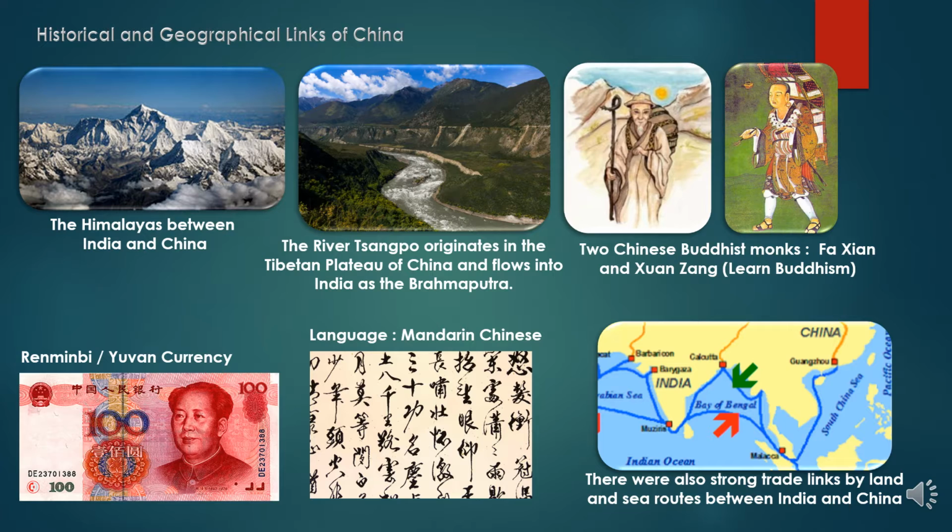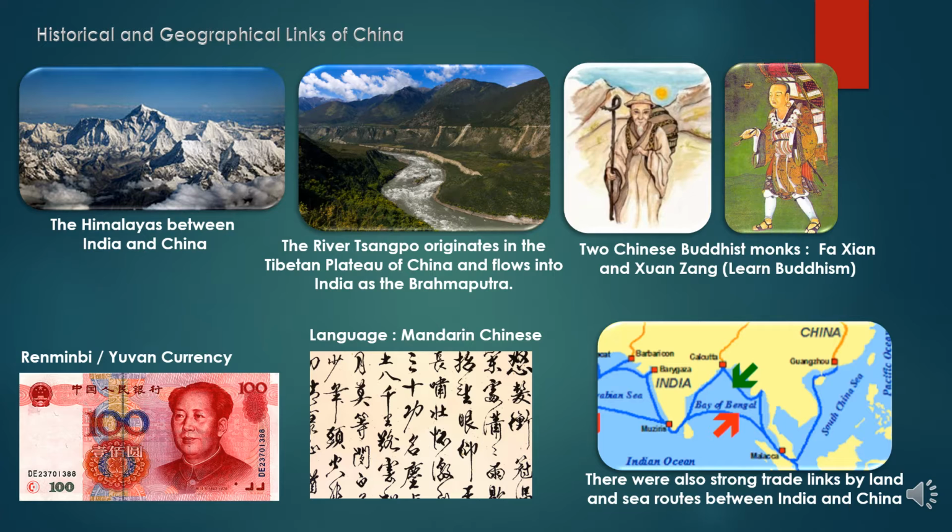Let us talk about the historical and the geographical links of China. As you can see in the picture, the Himalayas lie between India and China. The river Tsangpo originates in the Tibetan plateau of China and flows into India as the Brahmaputra. Chinese travelers came regularly to India.